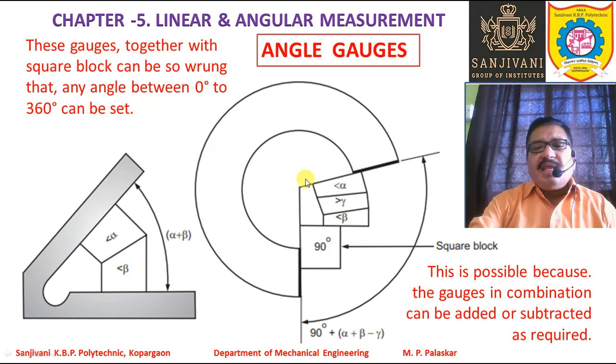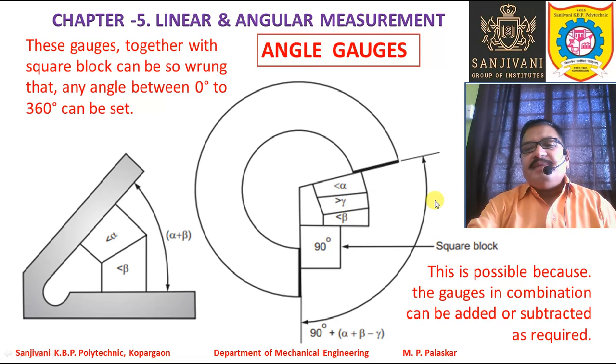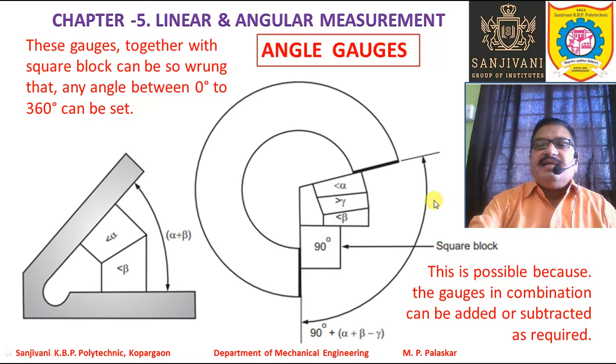Now, though the number of angle gauge pieces in one set is small, still we can get such a large range of angles. The reason is that the gauges in combination can be added or subtracted as required. So these gauges can not only be added, but they can also be subtracted to get the required angle. They can be wrung, they can be combined in the opposite direction also. If they are combined in the opposite direction, then you will find that the angle can be subtracted, right?